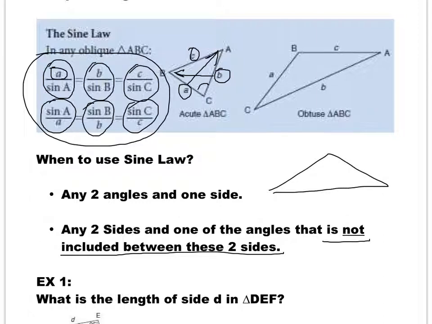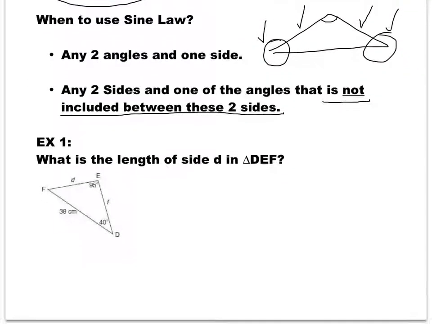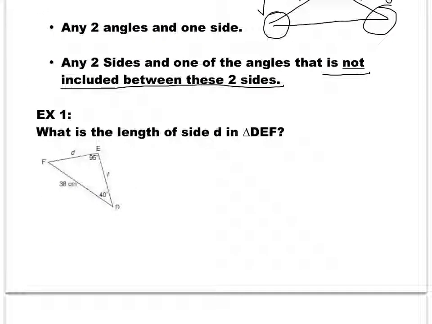If I know this side and this side, and either of these two angles is known, I can go ahead and use sine law. If this angle is known, then I cannot use sine law. It has to be either this angle or this angle.